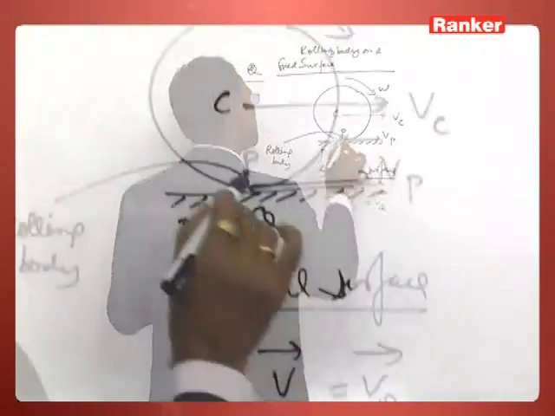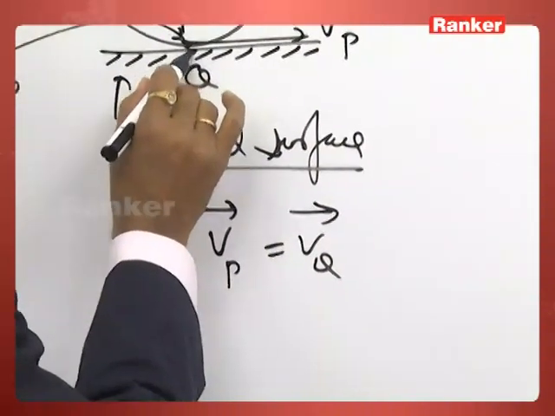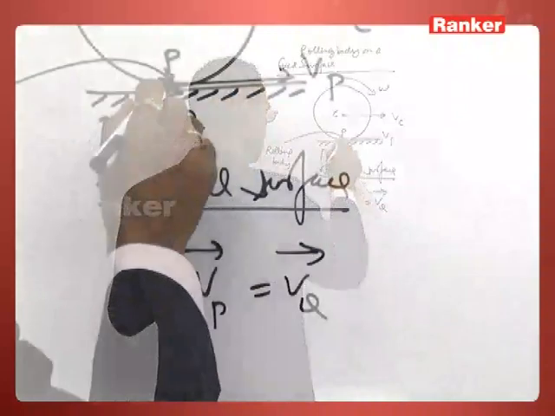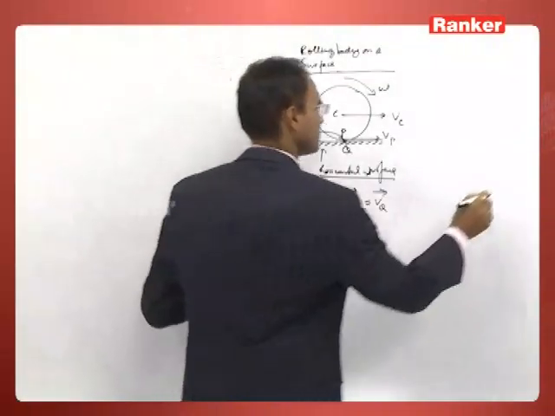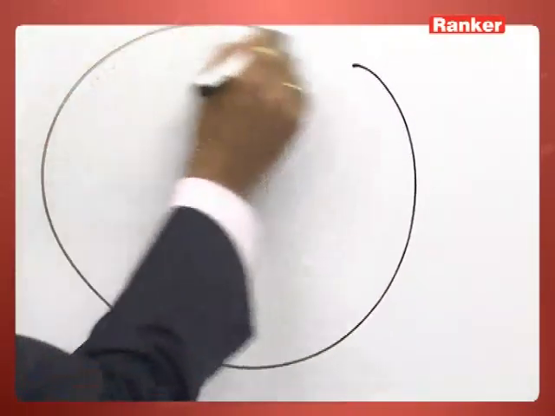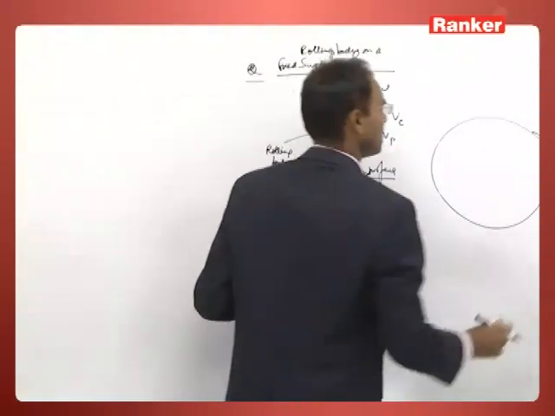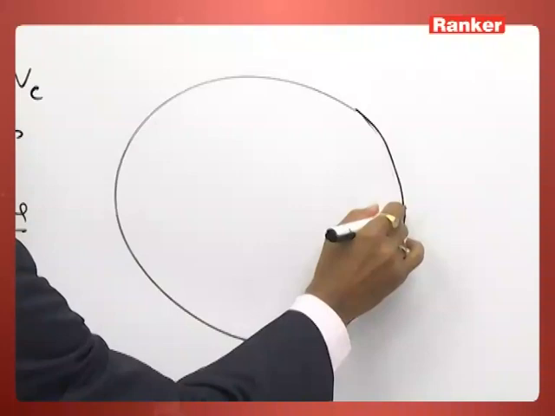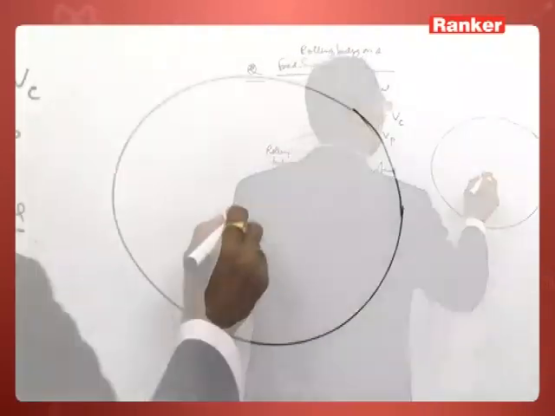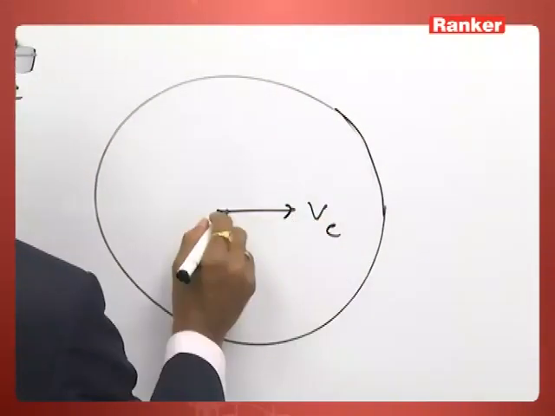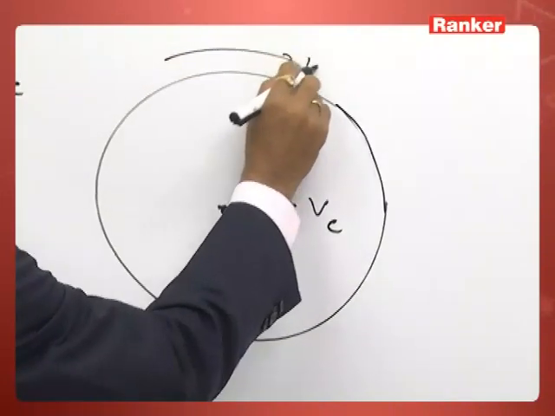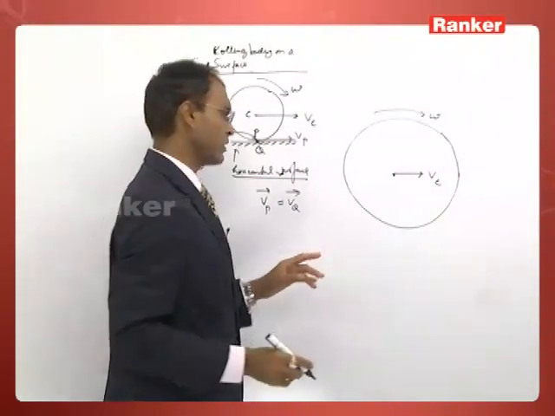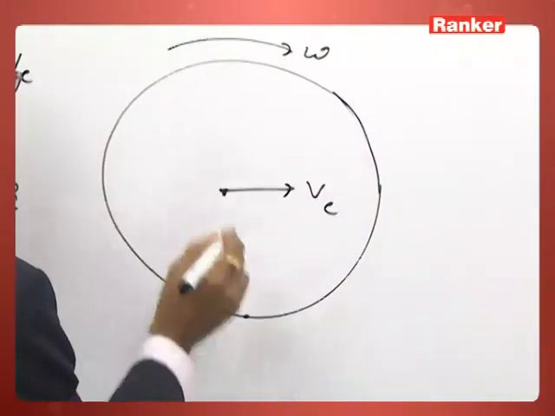Our condition is this point velocity must be equal to this point velocity. What is the velocity of this point? In the last class, we talked about the calculation of velocity. The velocity of any point, given the center of mass velocity and the angular velocity of the rigid body, will be equal to how much?